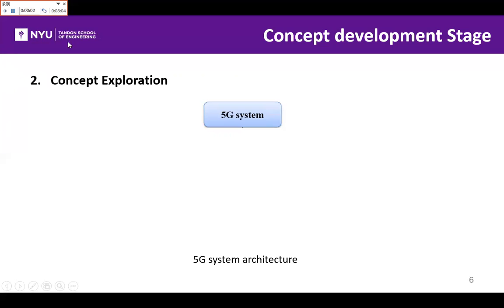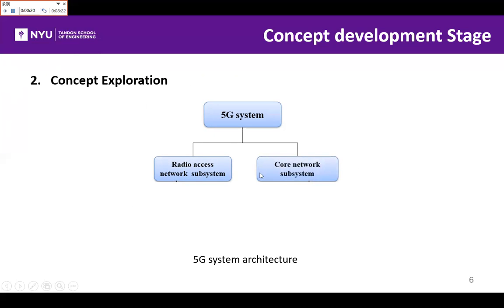To start the next phase, concept exploration, I divided the 5G system into two subsystems. One is the radio access network subsystem, and the other is the core network subsystem. For the radio access network, there are two ways to implement it: SA and NSA.